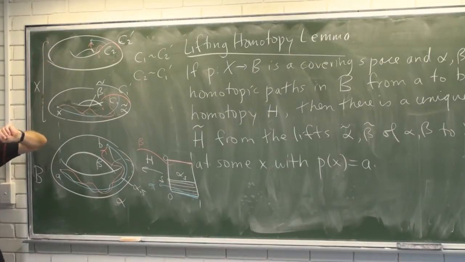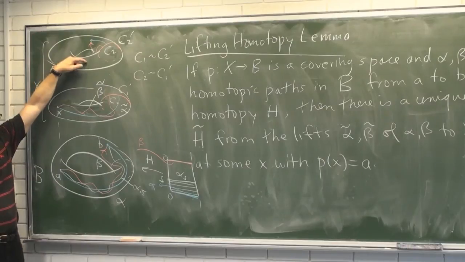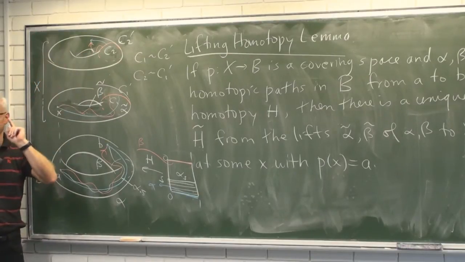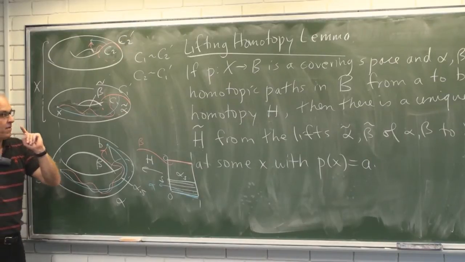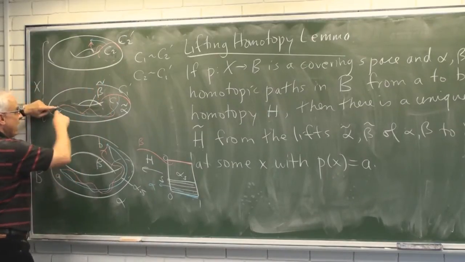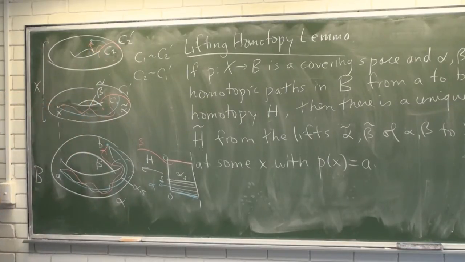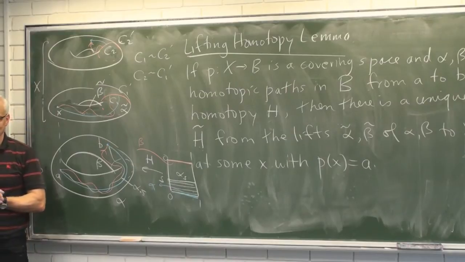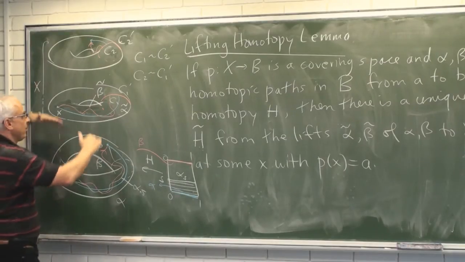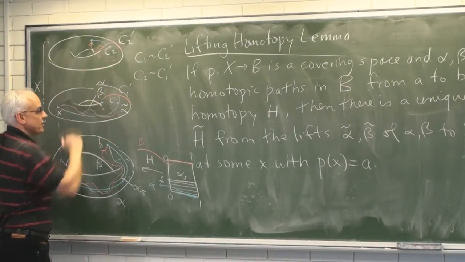We now want to convince ourselves that alpha tilde and beta tilde up here are homotopic paths. So how do we get a homotopy from alpha tilde to beta tilde?